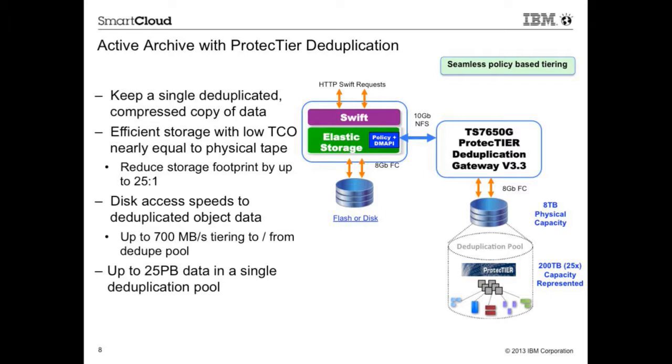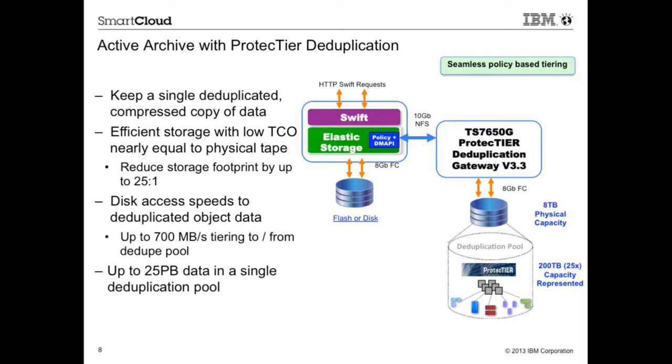And our second example is building an active archive with a ProtectTier deduplication device. In this system, data is transferred between the primary system, which is Elastic Storage, and down to the ProtectTier device using the NFS protocol. A single deduplicated copy of the data is then stored on the ProtectTier device and up-tiered as the data is accessed.